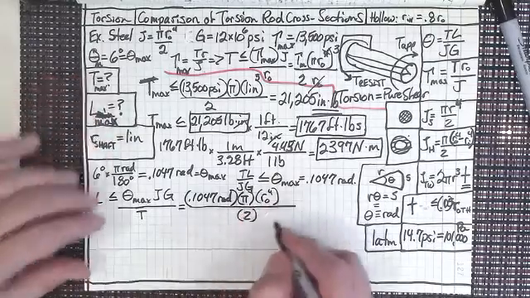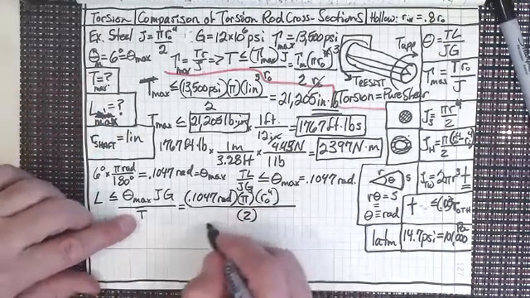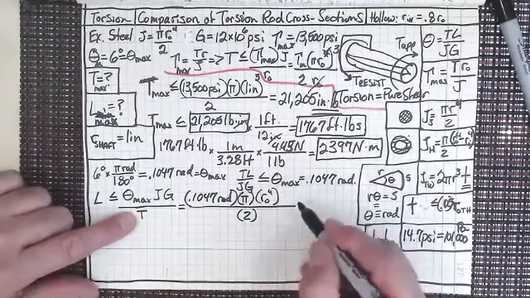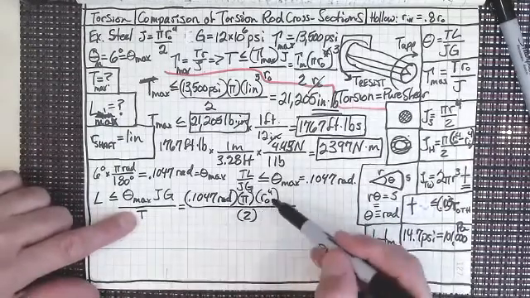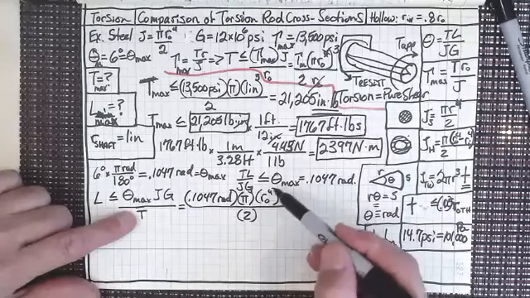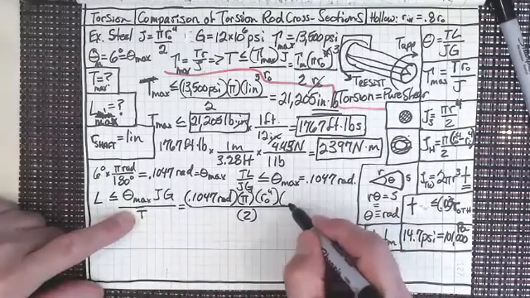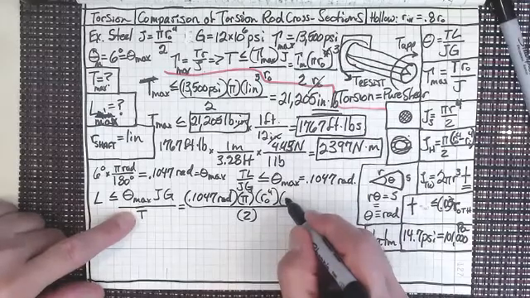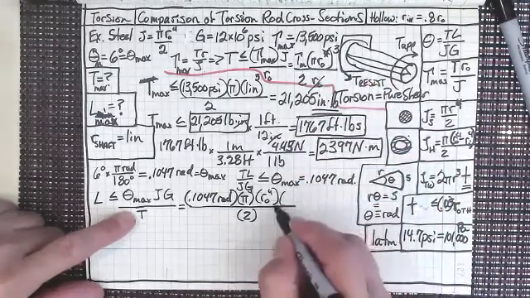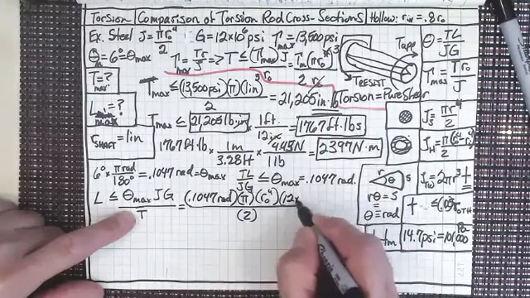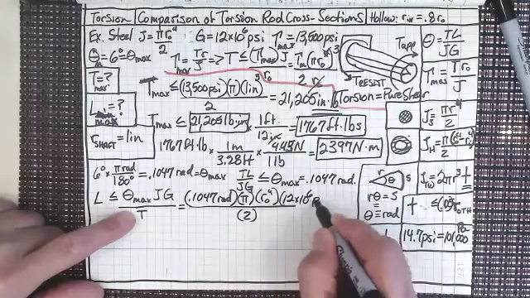I'm just sort of writing it all around in the same place right now. I'm going to put torsion over here in just a second. But pi R outer to the 4th, because it's a maximum, right, times G now. And G, I'm going to actually put in there as 12 times 10 to the 6 PSI.